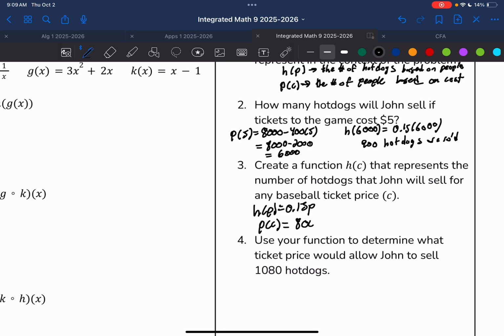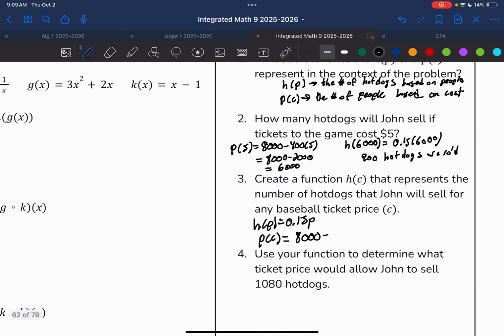So p of c is 8,000 minus 400c. So like we just saw in the previous problem, if we know a c value, we plug it into p of c, and whatever we get for the number of people at the game, we plug that into h of p, our formula that says the number of hot dogs based on the number of people.